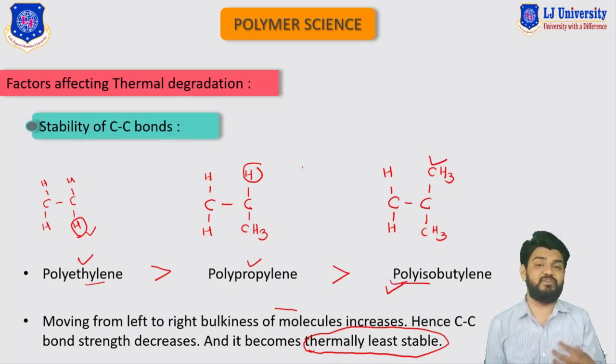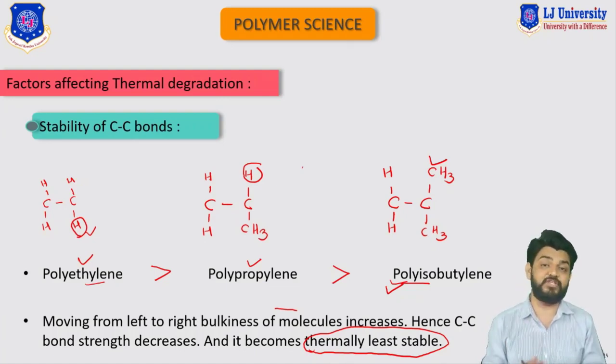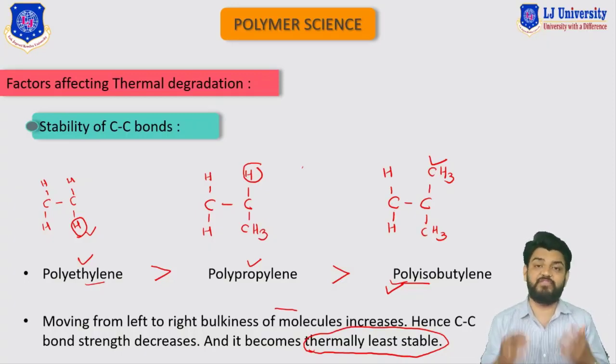Polypropylene, which has only one CH3 group, is intermediate when it comes to thermal stability. And polyethylene is highly thermally stable because it has the fewest CH3 groups, or we can say it is not that bulky in nature. So as bulkiness increases, the strength of the carbon-carbon bond decreases, which ultimately directly affects the thermal stability of the polymer.